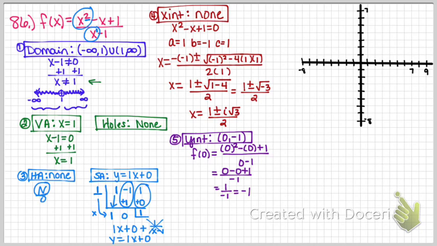All right, let's plot what we've got here. Let's see, we have, okay, domain. We have a vertical asymptote at 1.